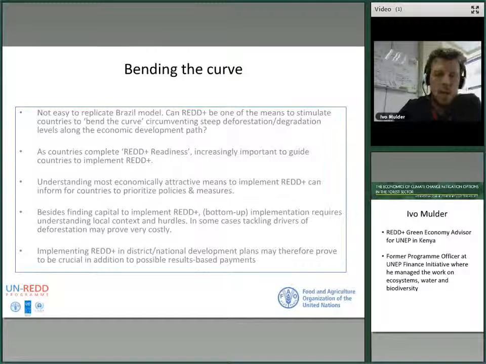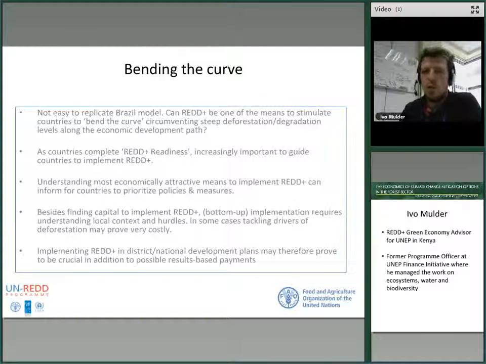Besides finding capital to implement REDD+, which is a challenge by itself, it's also important to understand the local context, the hurdles, land tenure, the opportunity cost on the ground, the political situation, whether a country is federally governed or has a very decentralized nature of regulation.